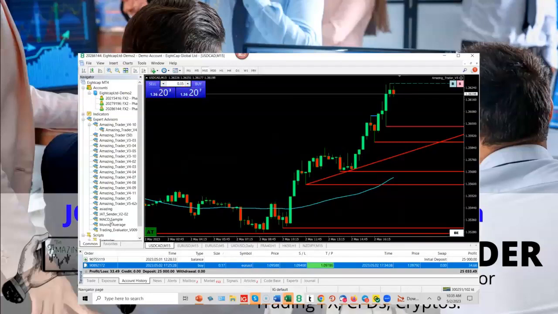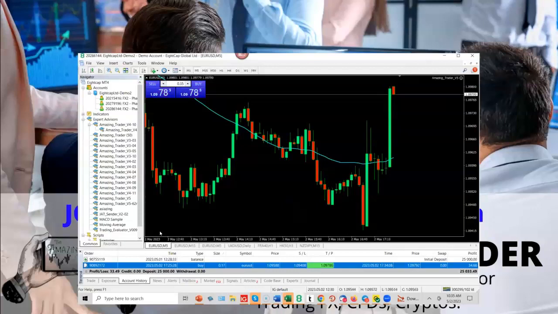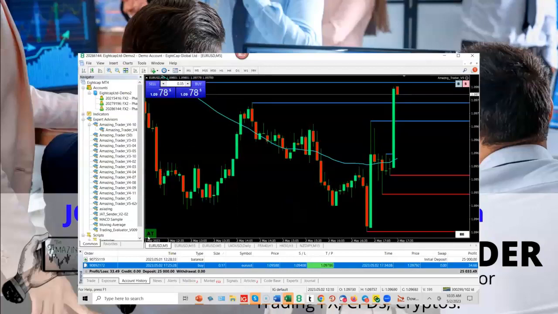My take profit on this trade was 109.78. I told you it was a low leverage trade and I opened up this thing. We just hit my target. So we had a winning trade right here.